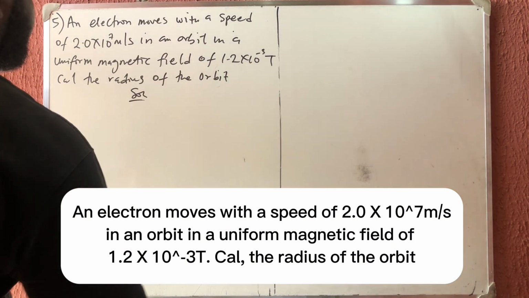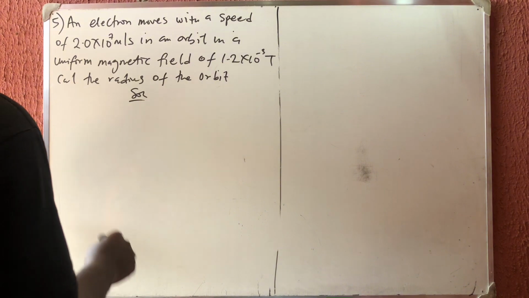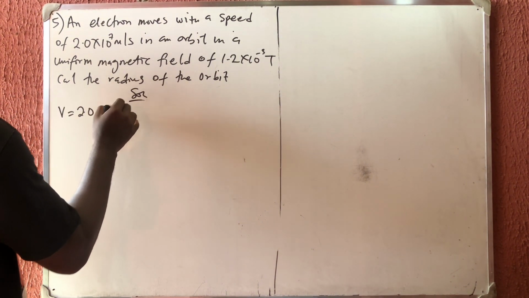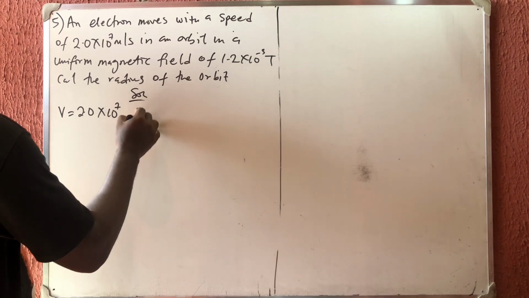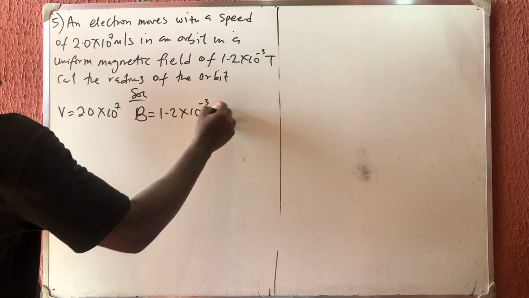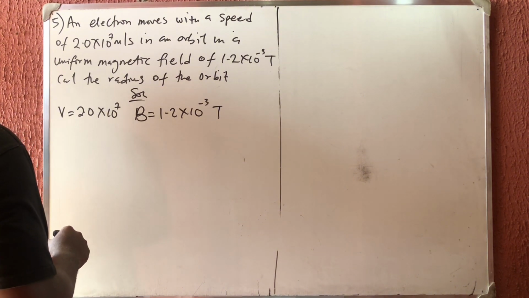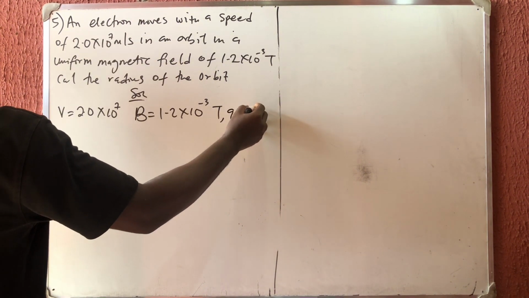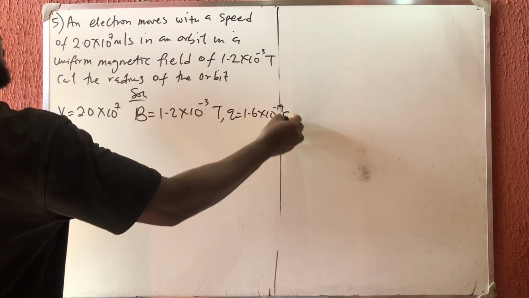Okay, solution. This one is equally very simple. Let's get our parameters. They gave us V equal to 2.0 times 10 raised to power 7, and B as 1.2 times 10 raised to power minus 3 T. What else did they give us? An electron, so our Q is 1.6 times 10 raised to power minus 19 coulomb.